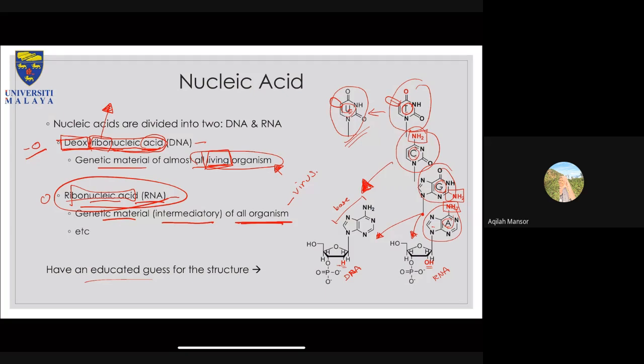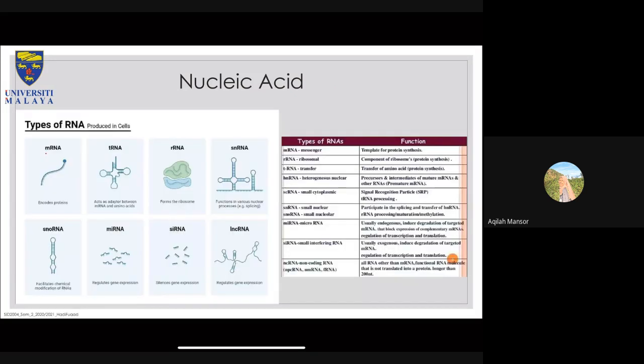So RNA has multiple types. As you can see here, mRNA is just one of the subtypes of RNA. So what does mRNA do? mRNA encodes, it's a digital code for protein. Even though it's no longer 100% true, previously mRNA just encoded for protein.